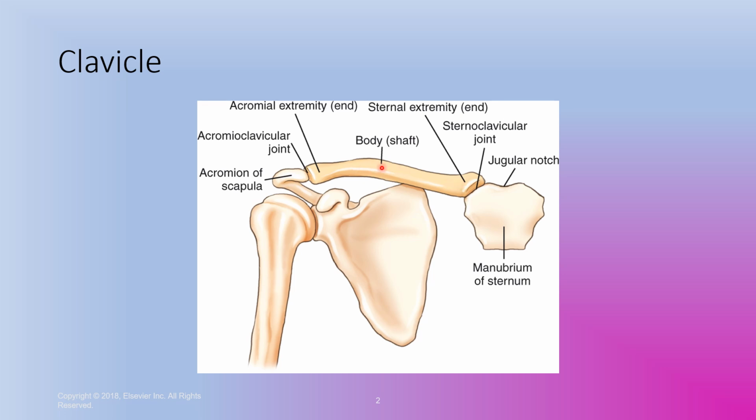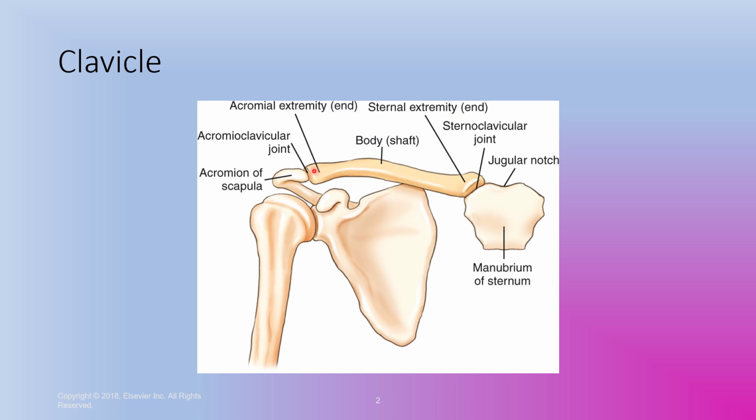The acromial end articulates with the acromion process of the scapula to form the acromioclavicular joint, or AC joint. The sternal end articulates with the sternum and forms the sternoclavicular joint.